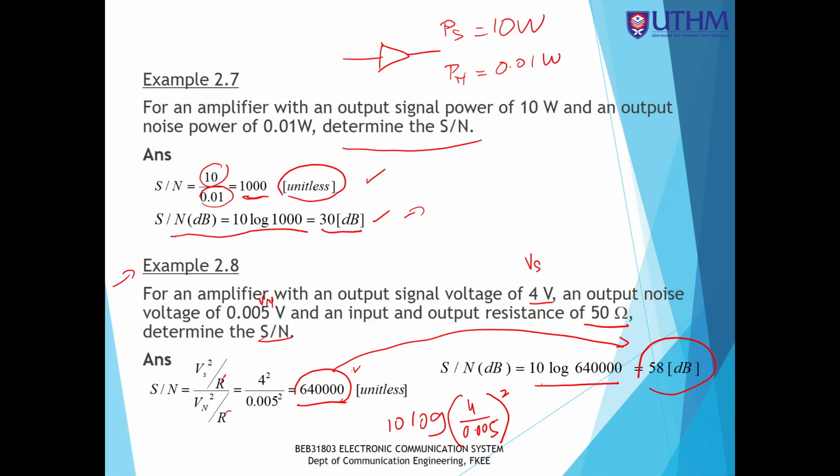So it is actually 20 log 4 divided by 0.005, and you will get 58 dB.